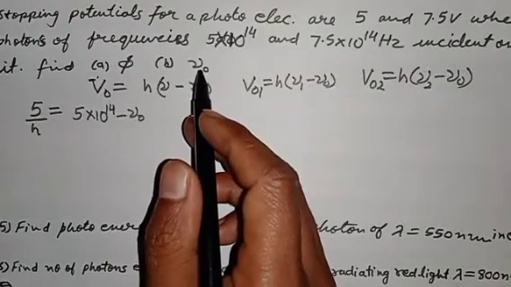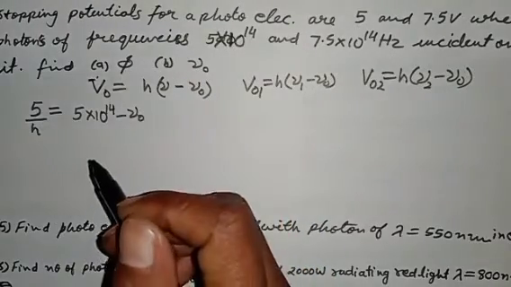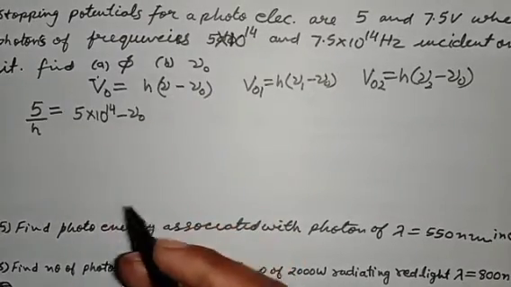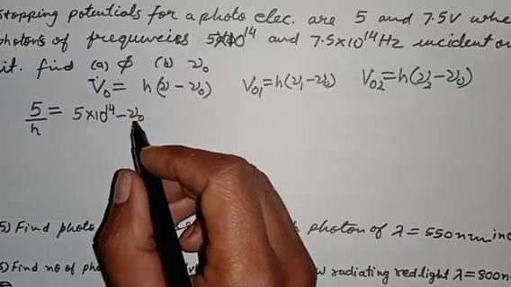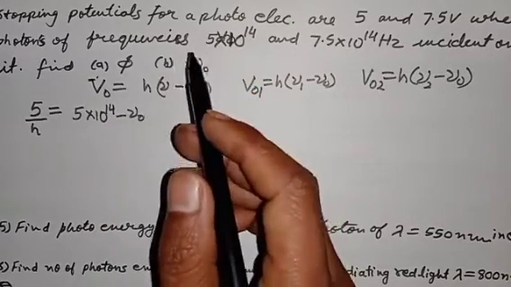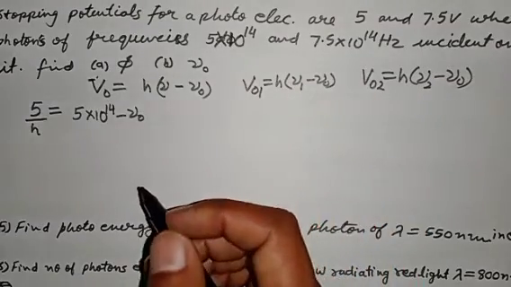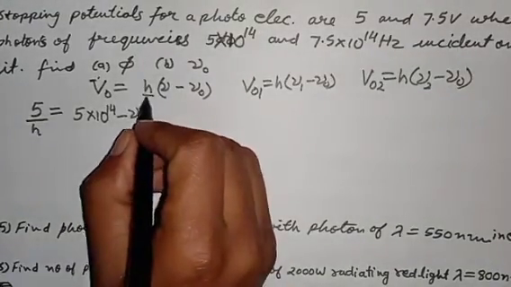If nu naught is calculated, then we can also find phi, or vice versa. So not a big issue there. From here we can find nu naught. Actually I felt that more unknown values are there, but it is quite known. Oh, one mistake is there.